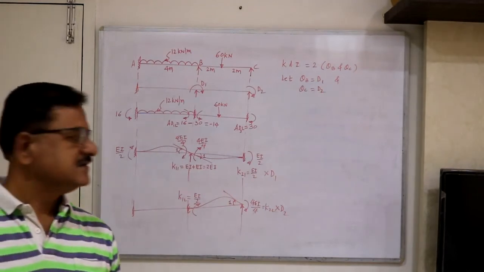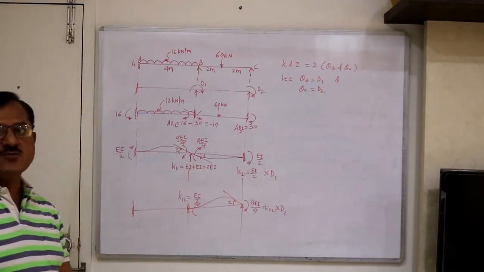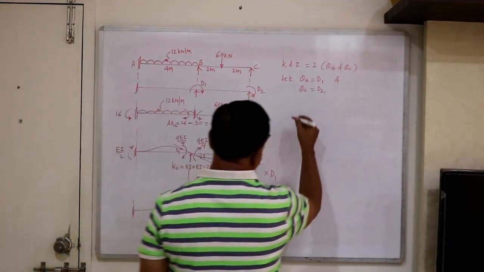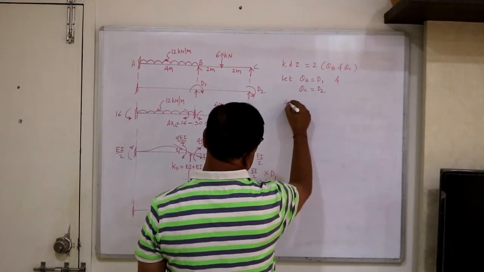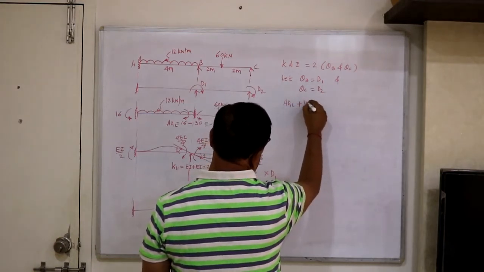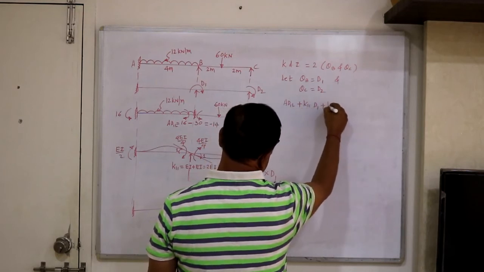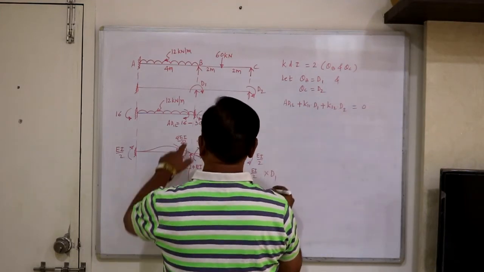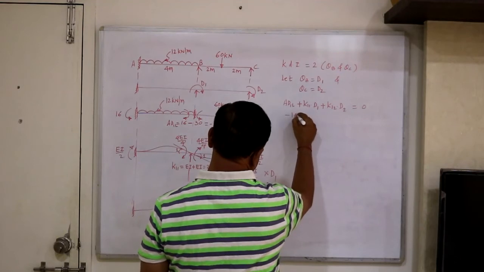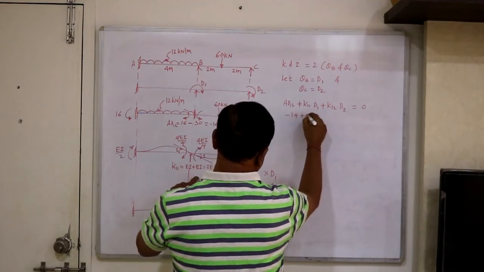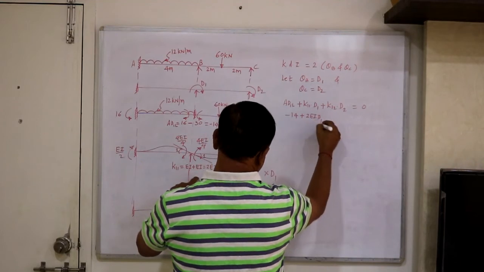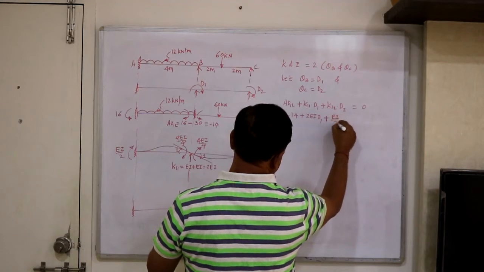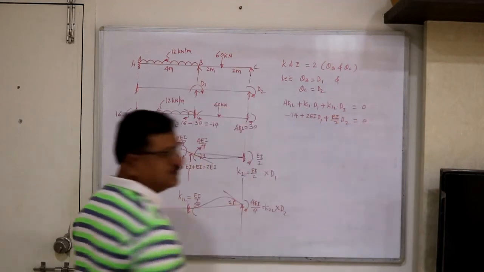For final actions, so now the problem is almost over. Simply write down the equilibrium equations and solve for D1 and D2. So using equilibrium conditions, AD1L plus K11 D1 plus K12 D2 equal to 0. So this AD1L is minus 40, K11 this is plus 2EI D1 and this is plus EI by 2 D2 equal to 0.